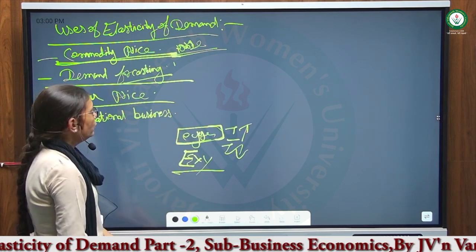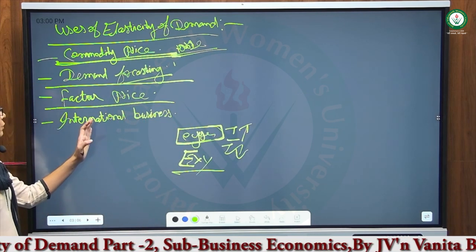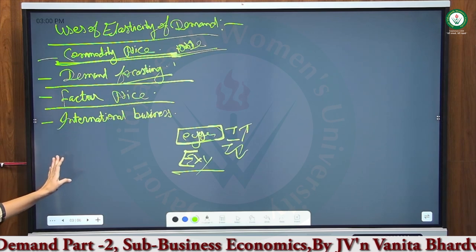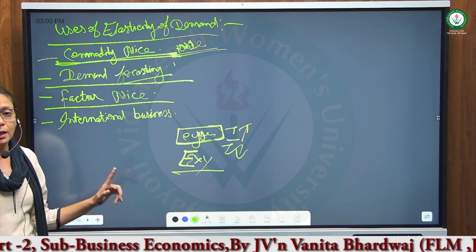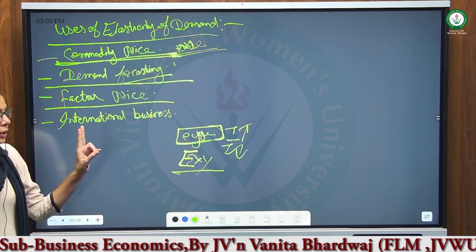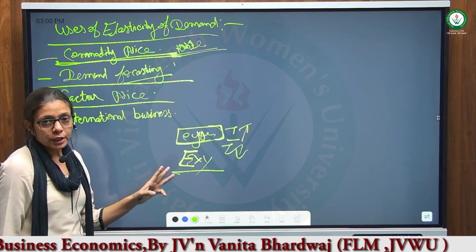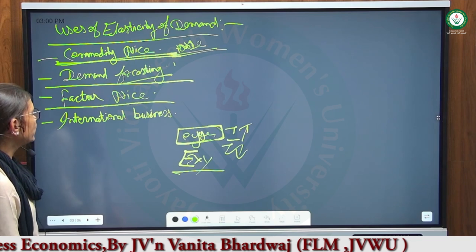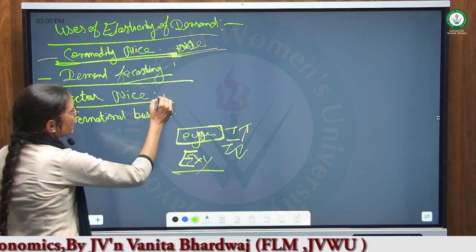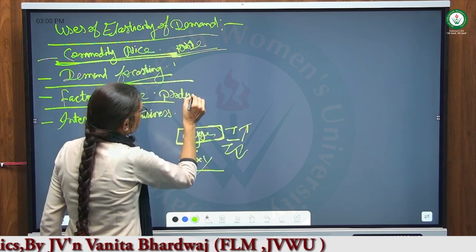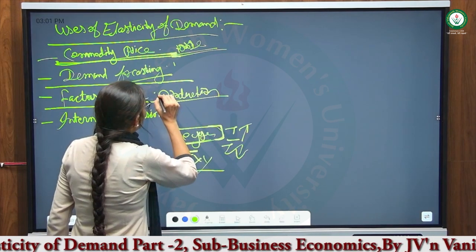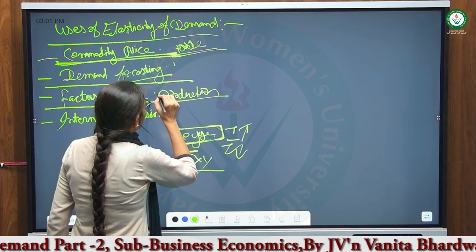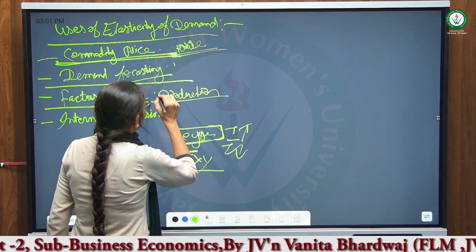Next point is factor pricing. You all know very well the factors of production. The factors of production are capital, land, labor and organization. These four are the production factors, and all these factors are used in production. For paying their contribution, we decide their remuneration, the price of the factors.